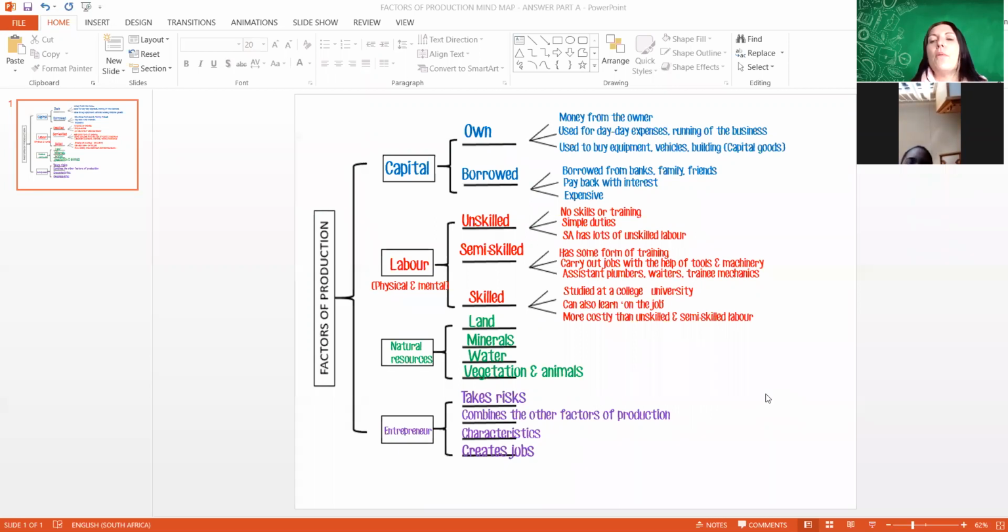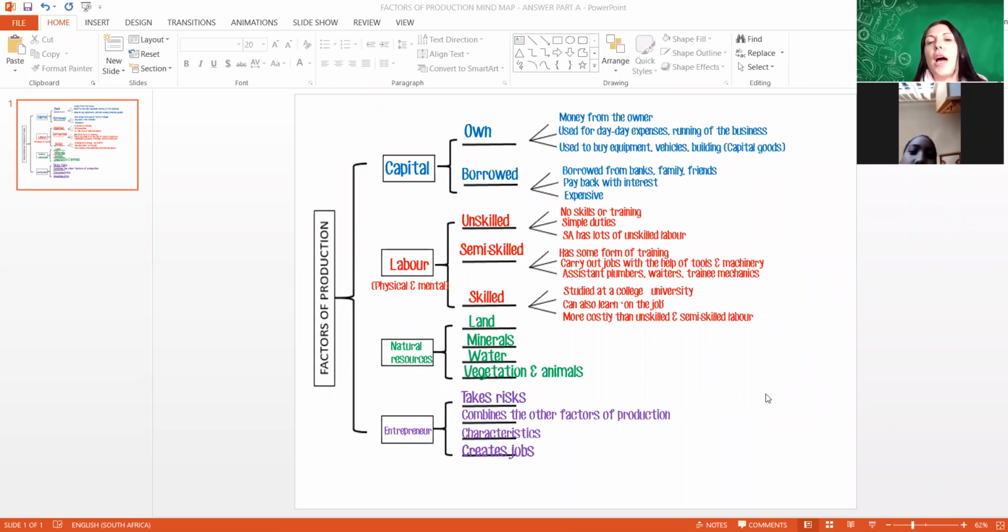While we were busy with that, we grouped those things that we needed in 4 different groups during the class. And then we said, okay, you probably figured out that these are the different factors of production that we need in order to run a business or to produce or make any kind of product or service.